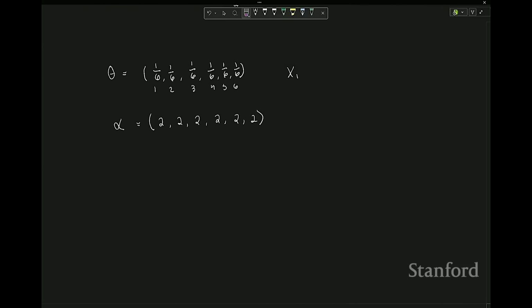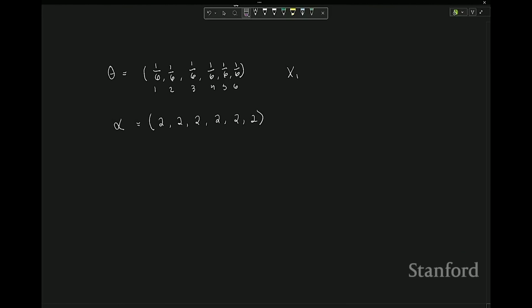So let's say our alphas are all going to be 2. And this represents a weak confidence that the die is fair. Then we observe some data, and so if we just took the Dirichlet likelihood of theta based on these, it would probably be reasonably high, not like 99% because we're not strongly confident, but reasonably high.